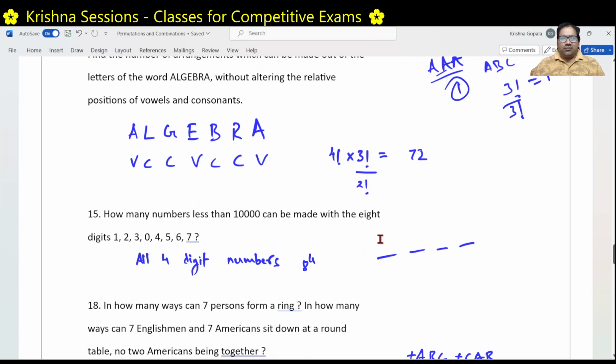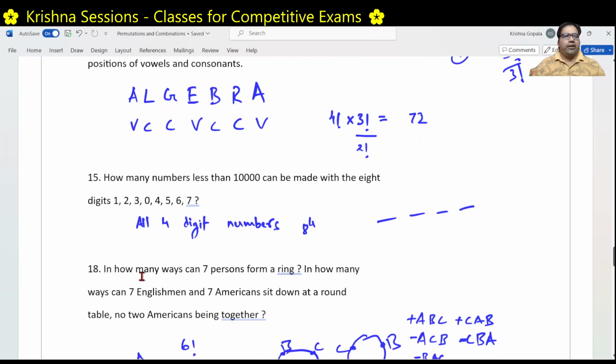Otherwise also, if the first 3 are zeros, it will give a single digit number. That is still fine. We are not double counting anywhere. So each digit has got 8 options: 8 into 8 into 8 into 8, 8 power 4, which is 4096. 4096 numbers are possible with these 8 digits which are less than 10,000.